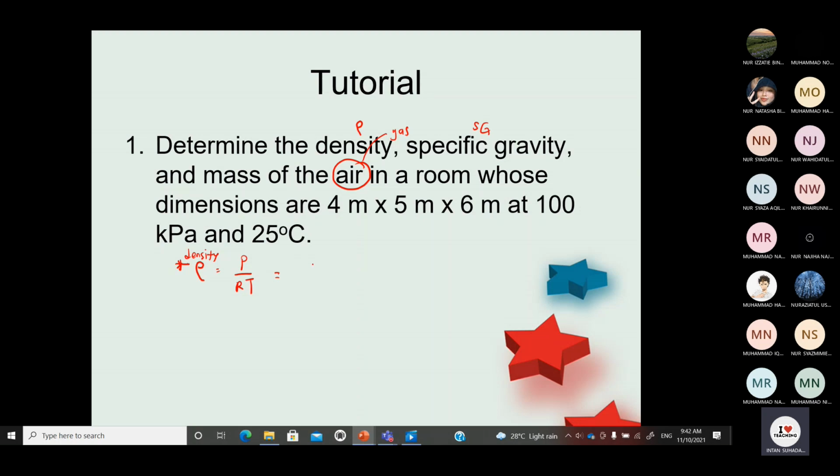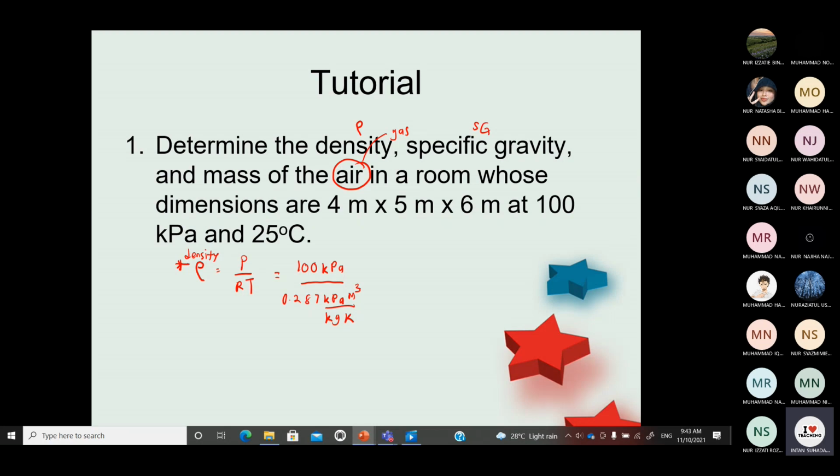So in this case, how much is the pressure? 100 kPa. So 100 kilopascal over R. R is not given in the question, so this R is in kilopascal meter cube over kg Kelvin, because we want the same unit for pressure and the gas constant.